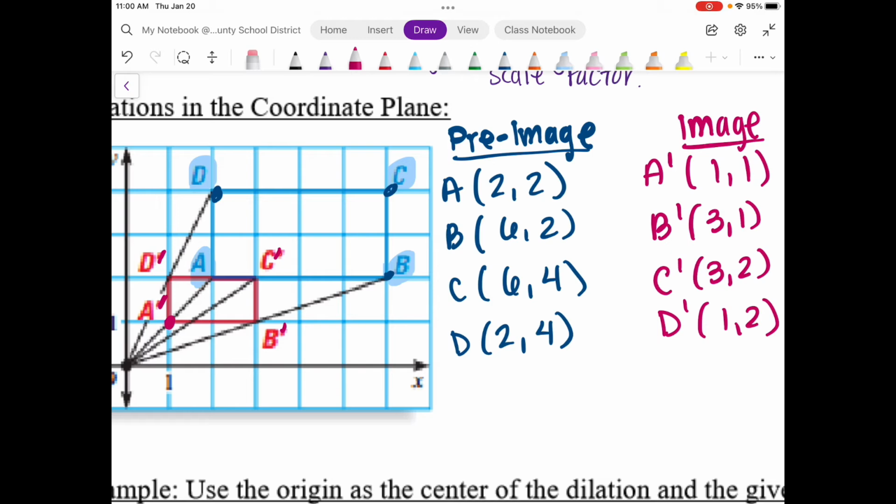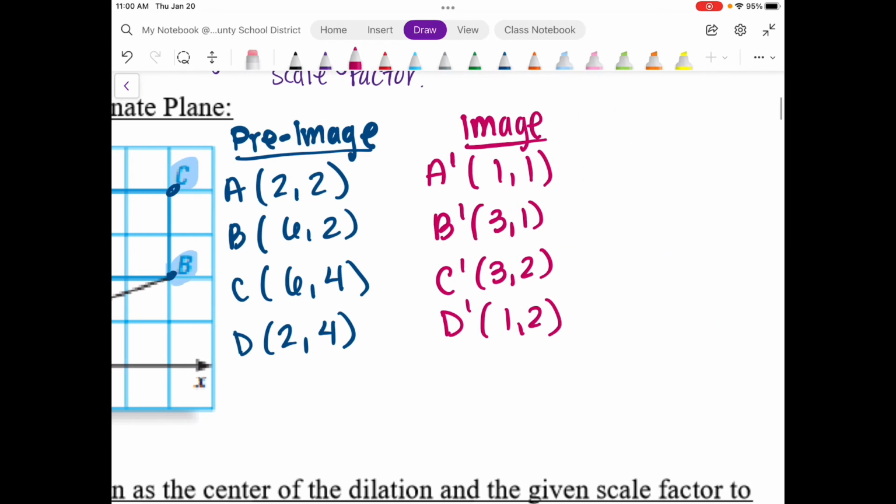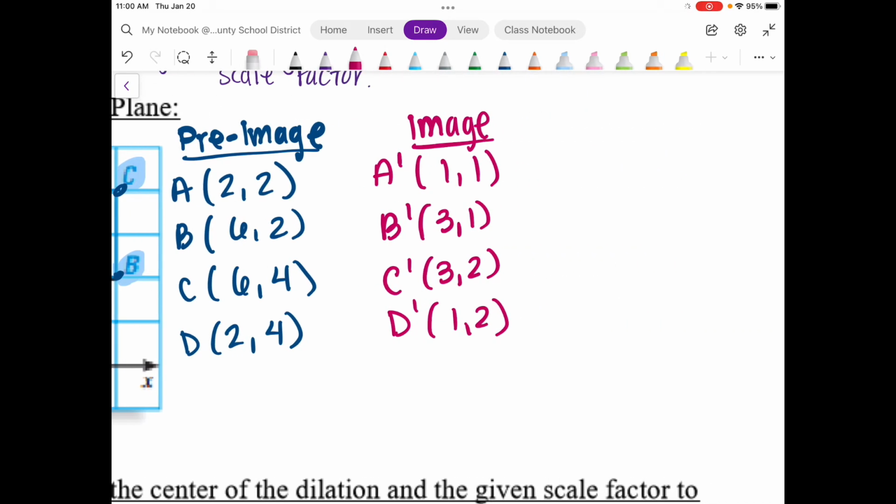Okay, so how did we get there? How do I go from 2, 2 to 1, 1? By multiplying it by something. That's what you're trying to figure out, okay? So remember that we're going to find the scale factor. We can find the scale factor by doing the new over the old, or the image over the pre-image.